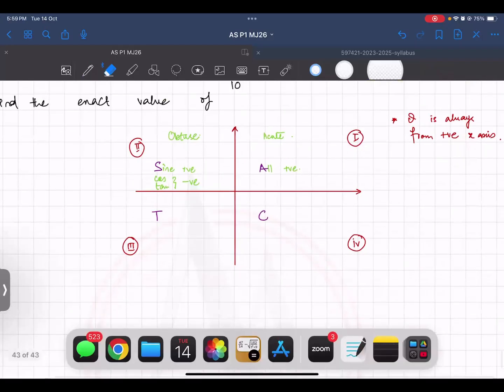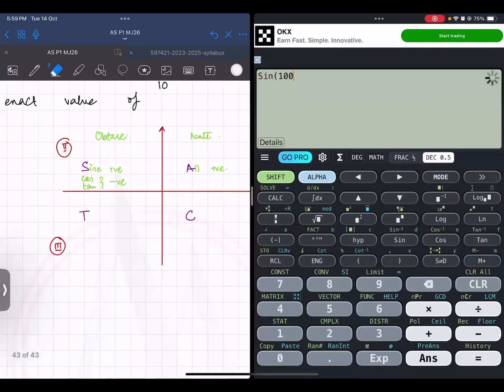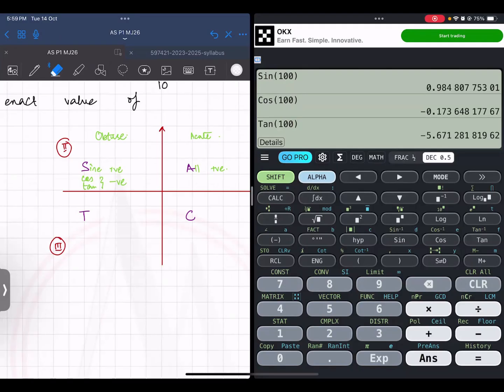So if it is an obtuse angle, then only your sine value is positive. Let's suppose I do sine 100, which is an obtuse angle. Look, it is positive. If I do cos 100, it is coming out negative. If I do tan 100, it is coming out negative. So in the second quadrant, only the sine value is positive.